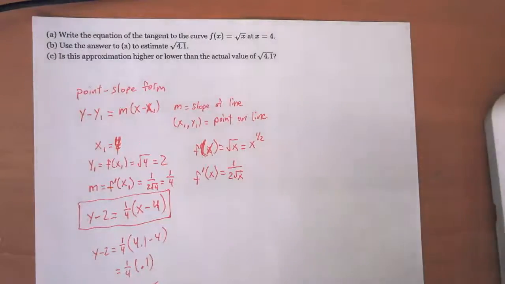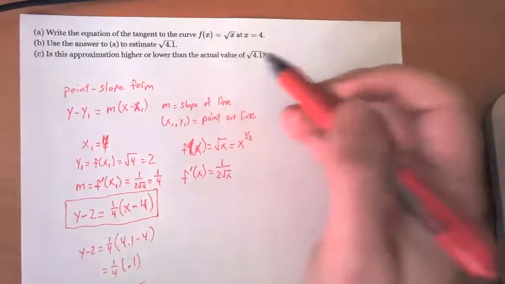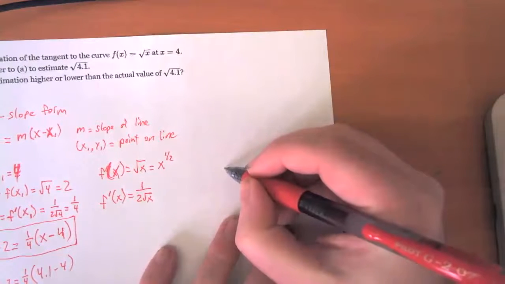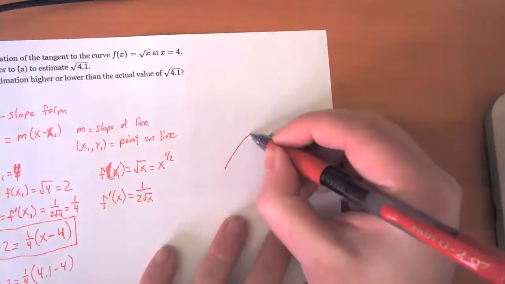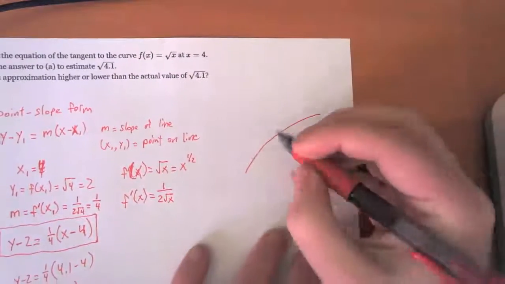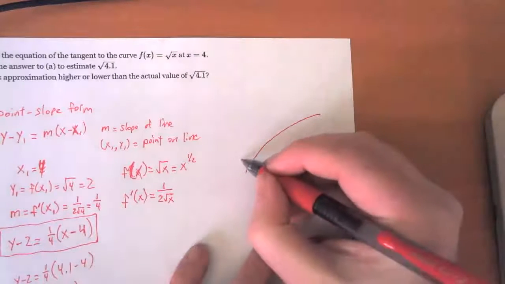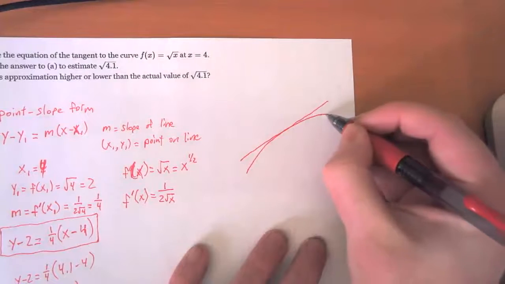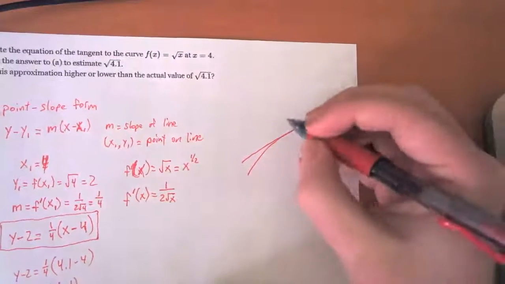So let's sketch out this example of the square root of x a little bit. I did this in GeoGebra in the last video, but I want to really... So the graph of y equals the square root of x maybe looks something like that. I'm going to really accentuate the differences here.